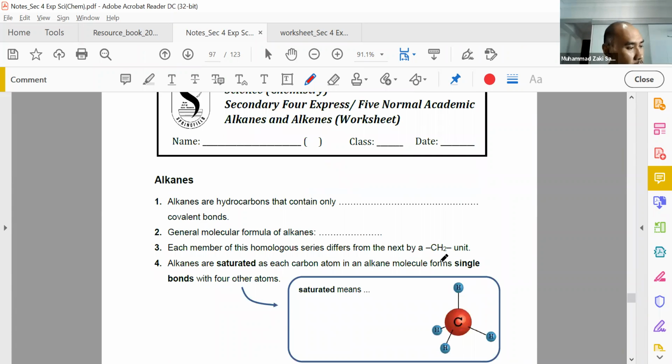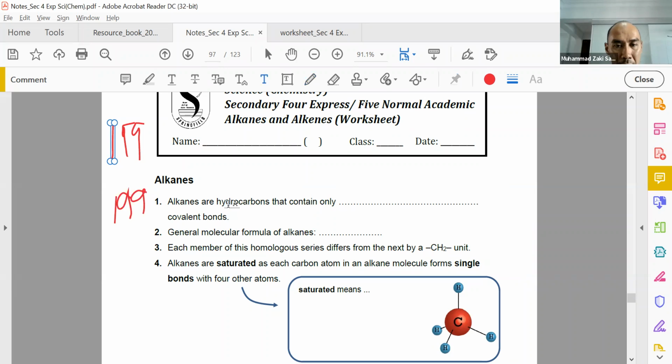Alkanes, if you see your book page 199. Okay, page 199. So basically, let me tell you a little bit about alkanes.